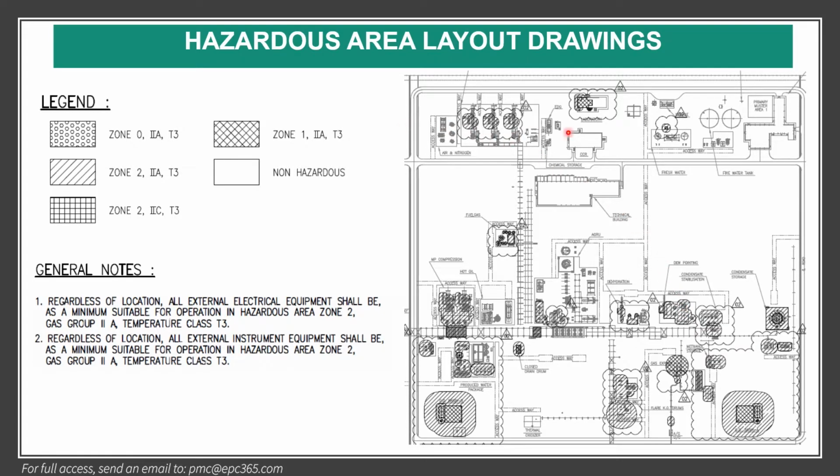Here is the GTG, and as you see here, it is a safe area. It is a technical building. It can be a control room or whatever. Here it is in a safe area. But you have to be very careful, as I said, in the fire zone and restricted area.